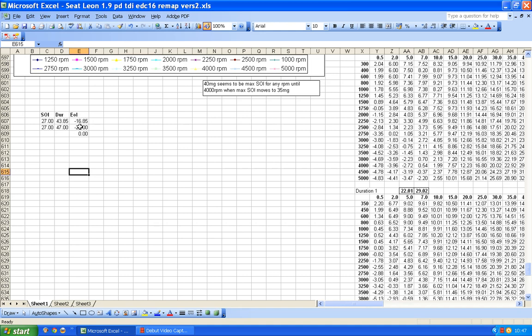Now why didn't they just say, well okay, we'll increase that and make it 20 or 30 or 35? Well, they didn't, because if they're not careful and they go to something like 20 degrees after top dead center, the piston may already be moving too fast down the cylinder for the actual explosive combustion to catch it up. In which case, we are not actually adding any energy to the piston, because the piston's moving away from us faster than the explosion that we're giving.